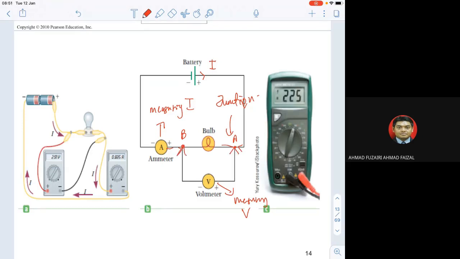It's like a hand, and we touch the bulb from point A to point B, then we can measure the voltage or electric potential. So as a conclusion, the ammeter will measure the current, and the voltmeter will measure the electric potential or voltage.